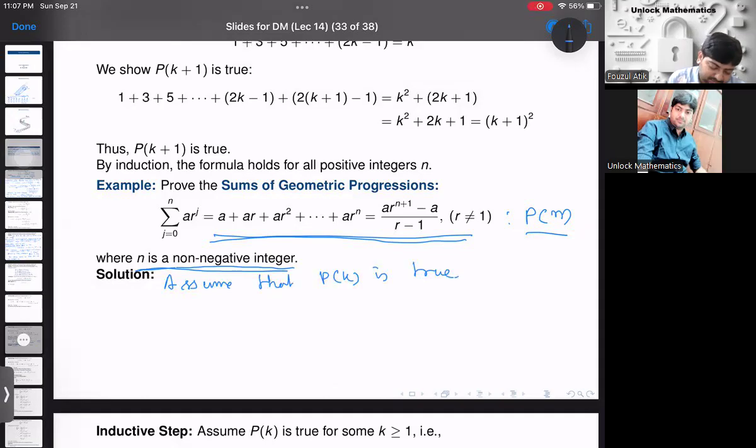Now what is Pk? Pk is a plus ar plus ar square plus dot dot dot up to a r to the power k is equal to a r to the power k plus 1 minus a divided by r minus 1, where r not equal to 1, and you name this as equation number 1.